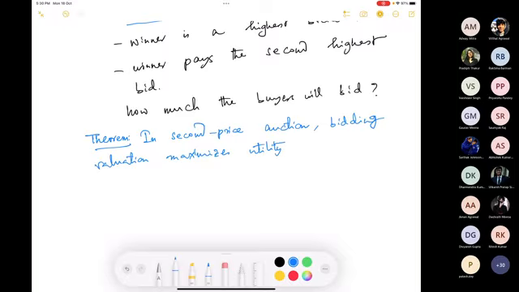Utility of the players. That means what? If you are a player, you simply bid your valuation. Player knows his or her valuation, Vi, and you simply bid your valuation. And we'll prove why this particular strategy, bidding your valuation, always maximizes the utility of the player.